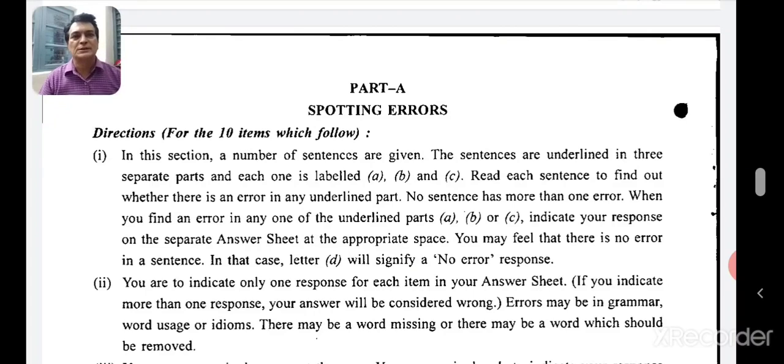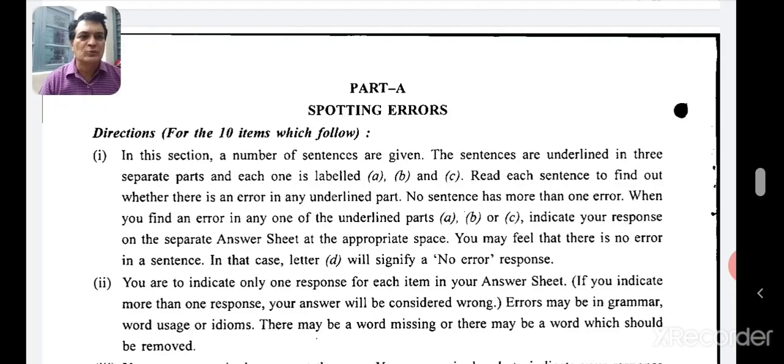Let's discuss the instructions that are given there. There are 10 questions here. For the 10 items which follow the directions, in this section a number of sentences are given. The sentences are underlined in 3 separate parts and each one is labeled A, B and C. Read each sentence to find out whether there is an error in any underlined part.